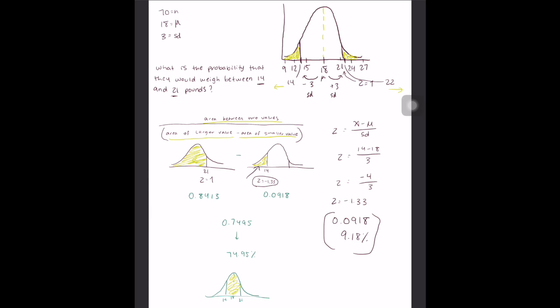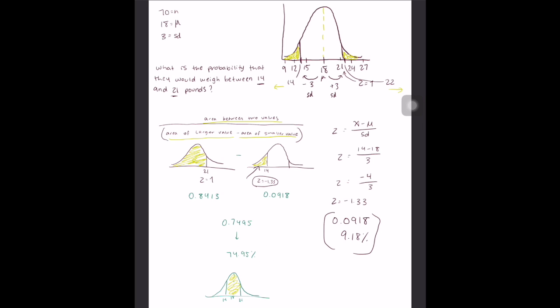I used my z-table to find that the probability of finding a value to the left of this z-score is 84.13, and then we also know that this probability is 0.0918, so we subtract it and we get 74.95%.